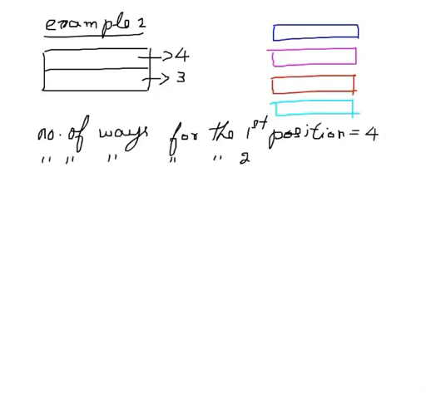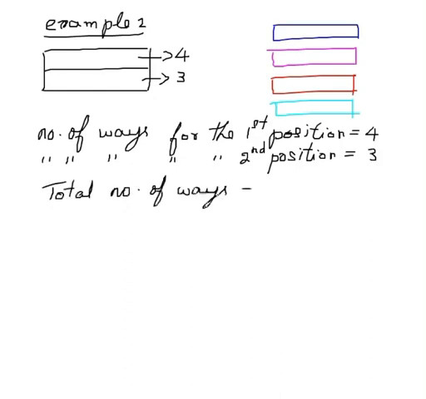So number of ways of the second position is equal to 3. So total number of ways is equal to 4 times 3, 12. So we can form 12 signals with 2 different colors, one below the other.